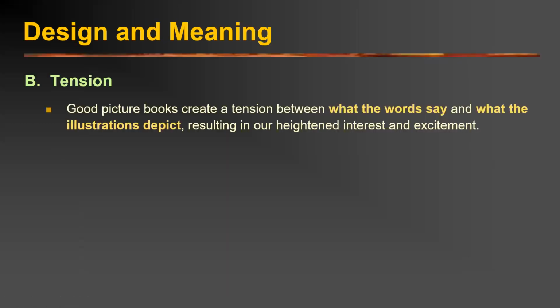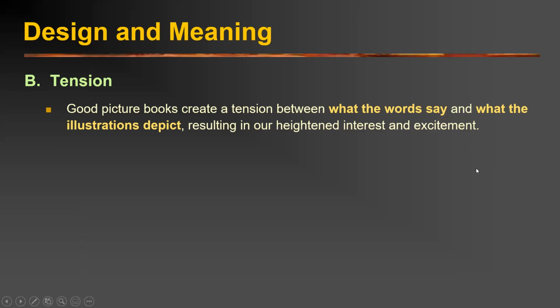still under design and meaning, we have tension. So good picture books create a tension between what the words say and what the illustrations depict, resulting in our heightened interest and feeling. Words and pictures work together in the picture storybooks. Without words, the story would make little sense.